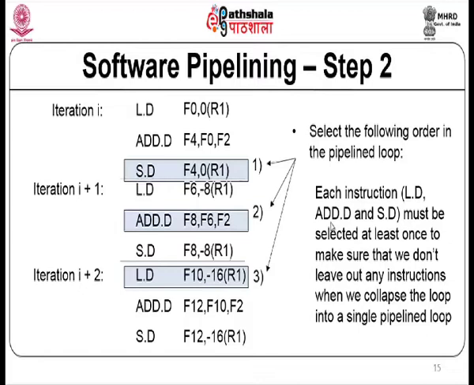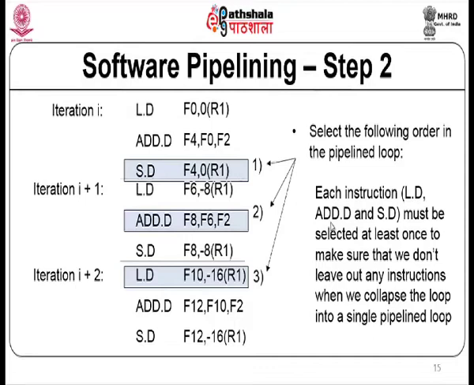Each of these instructions is picked from a different iteration. If store is picked from the ith iteration, add is picked from I plus 1, and load is picked from I plus 2, then what happens to the load and add instructions of I? You have not included them in the loop.